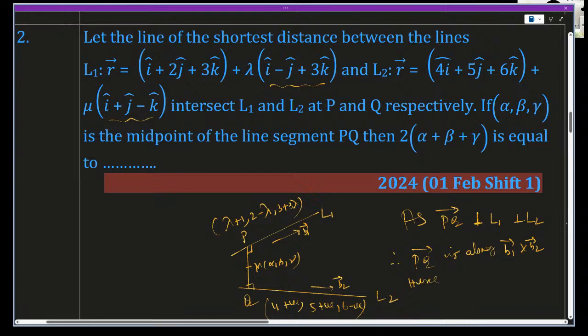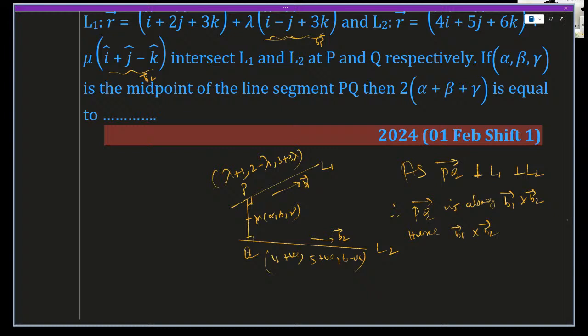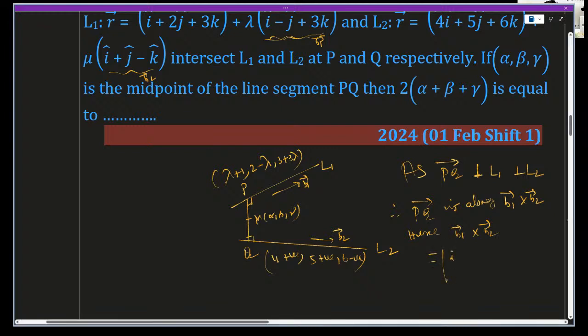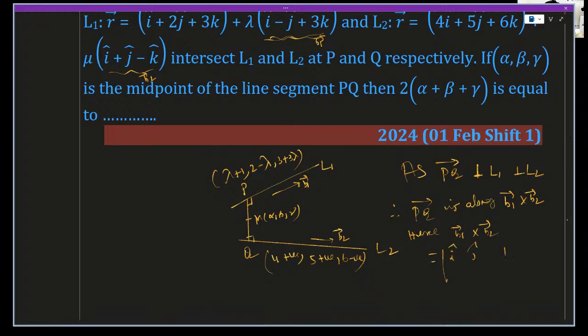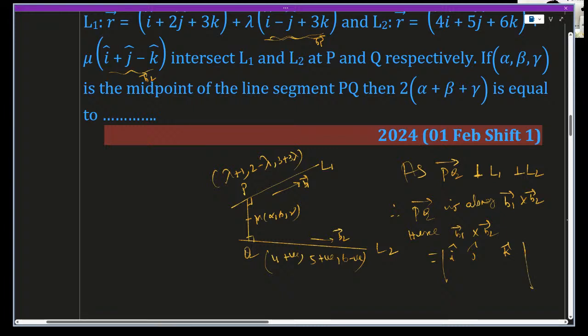Here this one is B1 and this is B2. Let us find B1 cross B2. I, J, K; 1, minus 1, 3; 1, 1, minus 1.